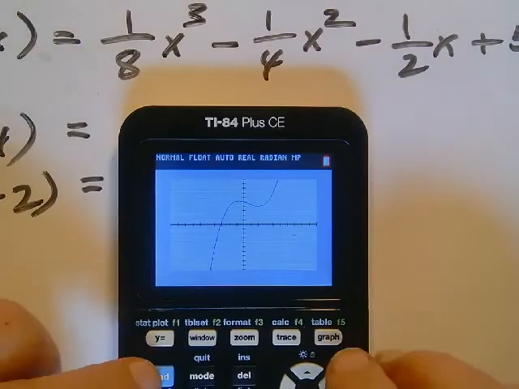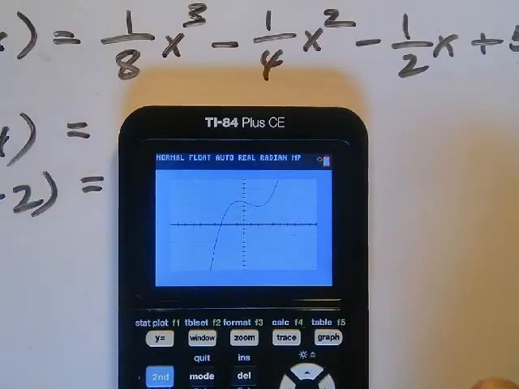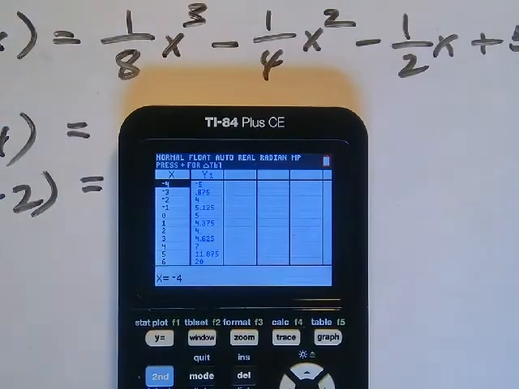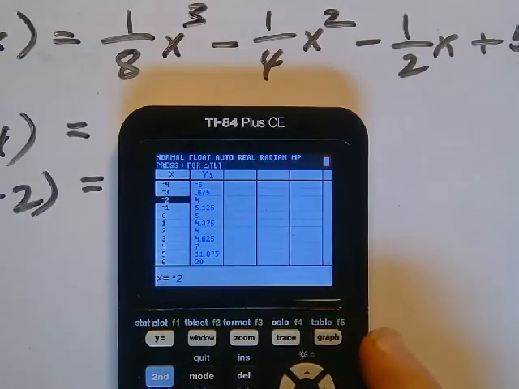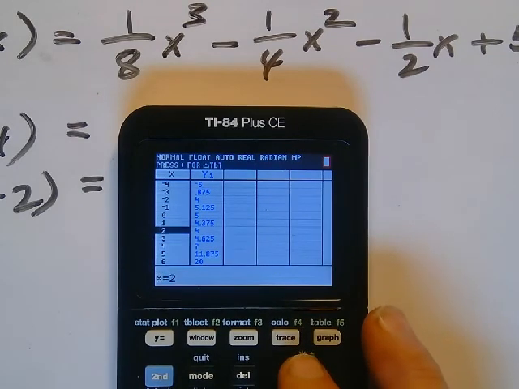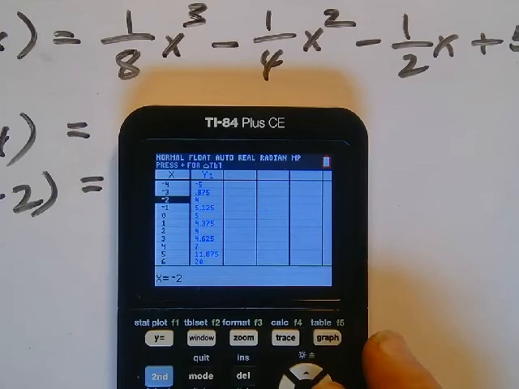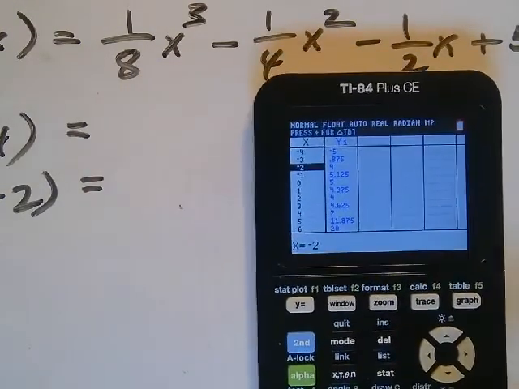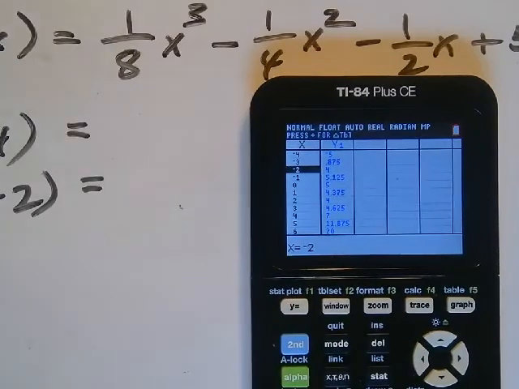All right, let's see what happens if we use the table here. So second table. And we want to define P of 4. Okay, well I'm just going to go down to 4. If x is 4, y is 7. And then if x is -2, y is 4. So this is really easy to use the table here to do that.